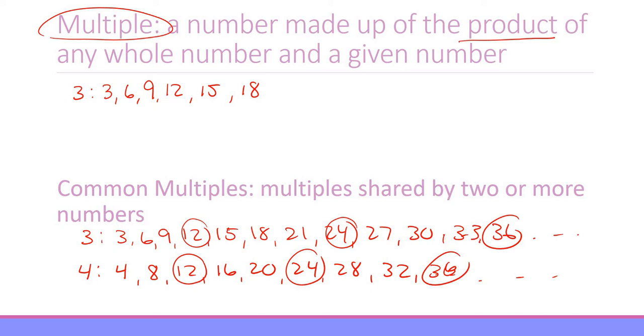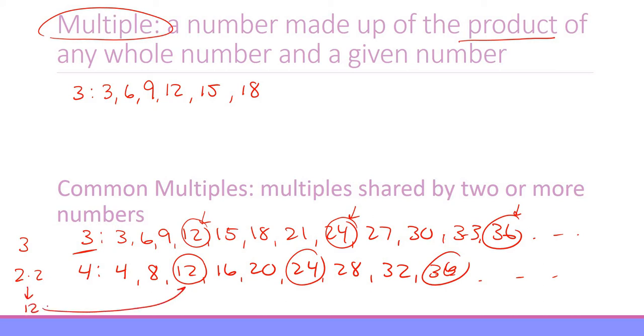Now, if you'll notice, all of these numbers that we found as common multiples contain all the factors of 3 and all the factors of 4. The only prime factor of 3 is 3. The prime factors of 4 are 2 times 2. If I multiply these together, I get 12.